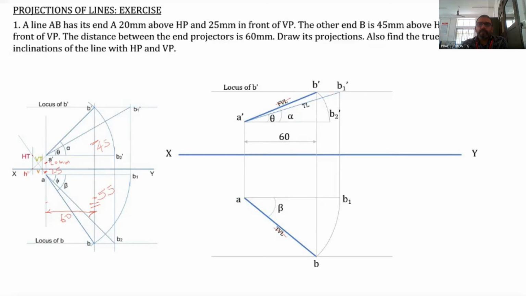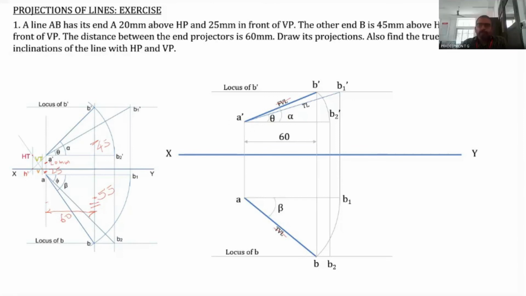Now from B2 dash, drop a projector. These vertical lines are known as the projectors. Drop a projector to intersect with the locus of B at a point. This point is B2.